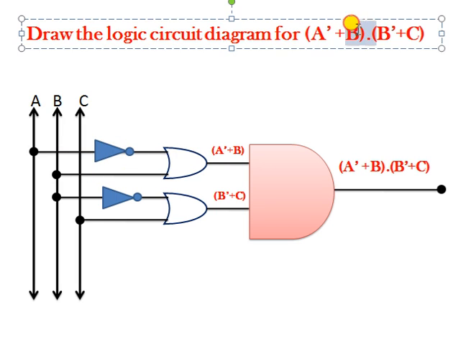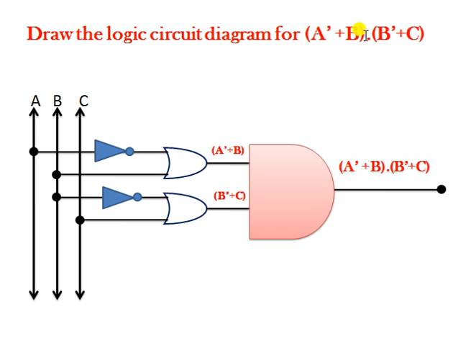First of all, we have to complete this bracket and then the other bracket. So a bar plus b, again b, because it is a plus symbol between a bar and b, we are using an OR gate, a bar plus b.